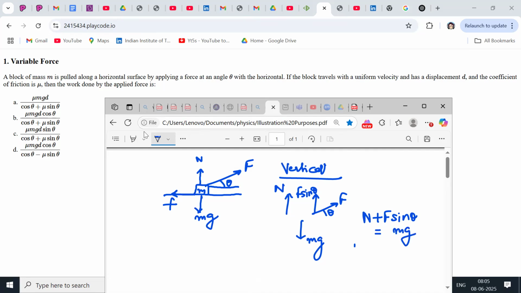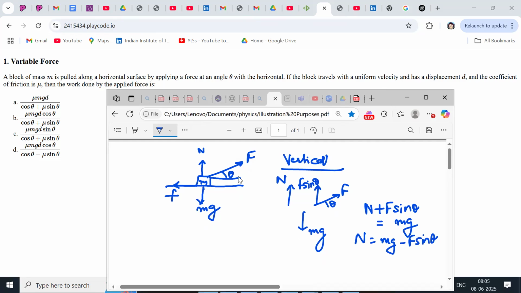So with this, we'll be able to get the value of the normal reaction. Now let's focus on the horizontal forces. On the horizontal side, we have the horizontal component of this force, F cosine theta, and friction on the other side.